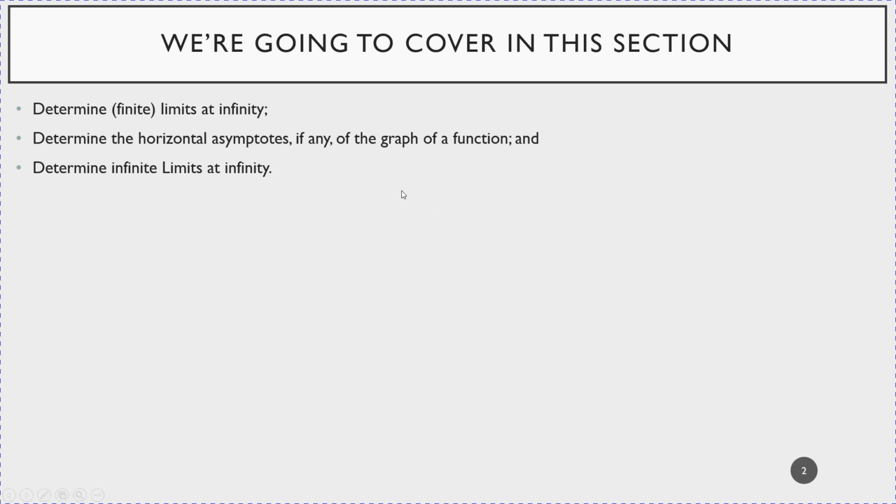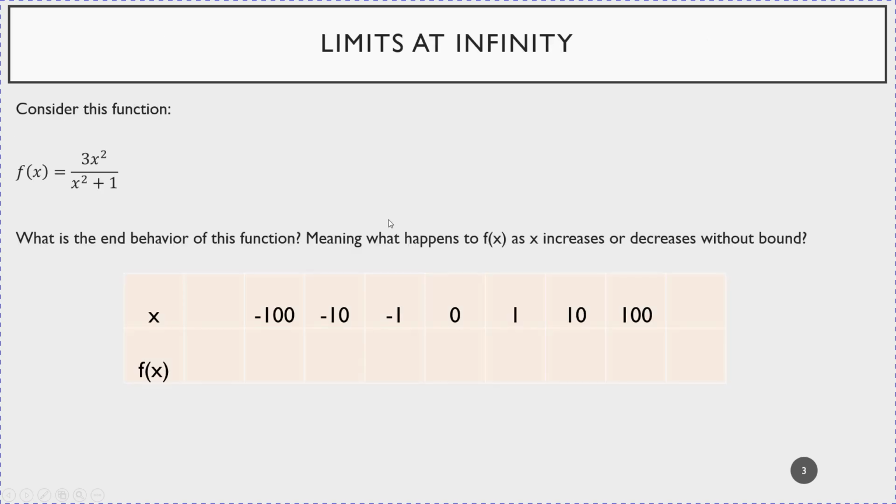So we'll introduce this topic by looking at a very simple rational function. Let's consider f of x equals 3x squared divided by x squared plus 1. One thing I want to look at is the end behavior of this function.